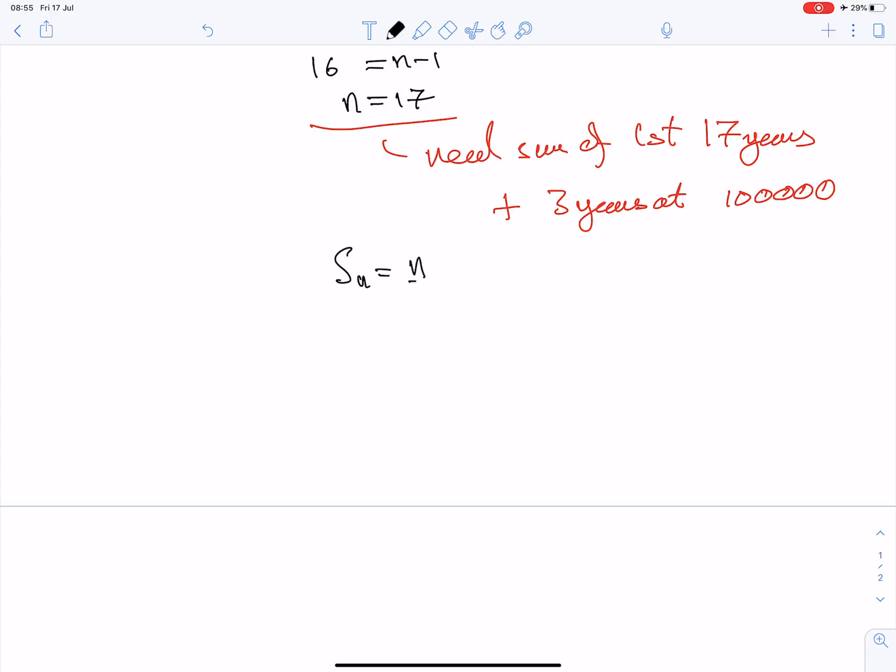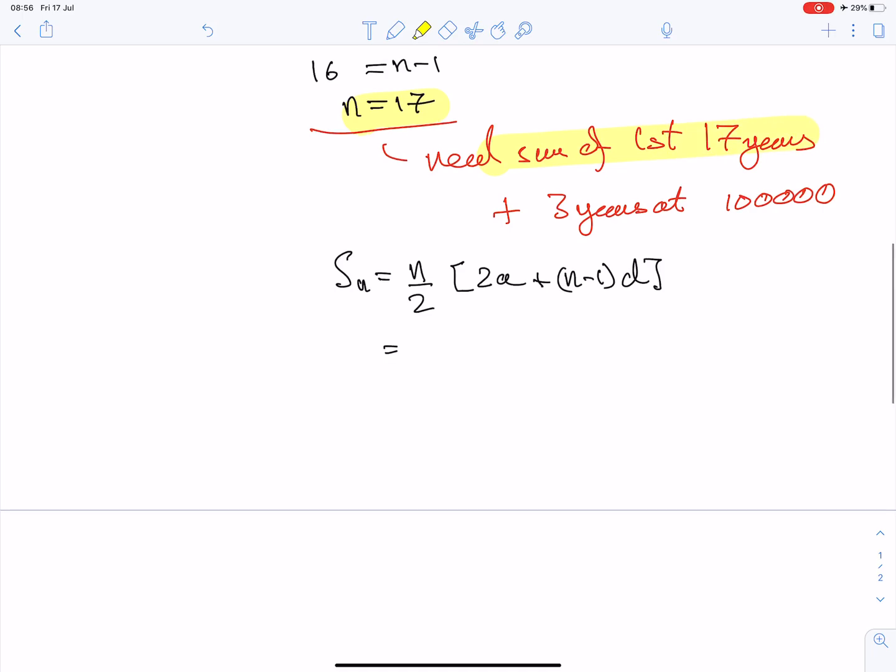Sn equals n over 2 times 2a plus n minus 1 lots of D. And we've said we need the sum of the first 17 years. So S17 is equal to 17 over 2 times 2 lots of the first term, which is £20,000, plus n, which is 17 minus 1 times the difference, which was £5,000.